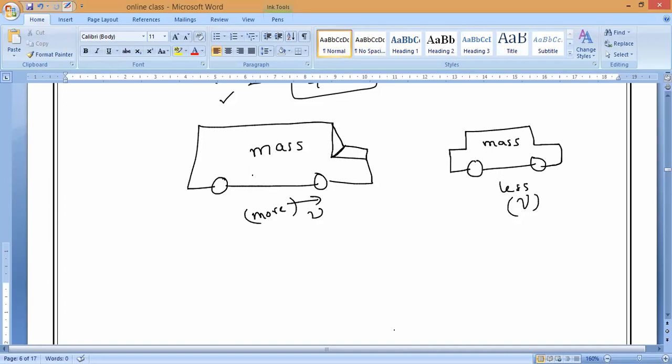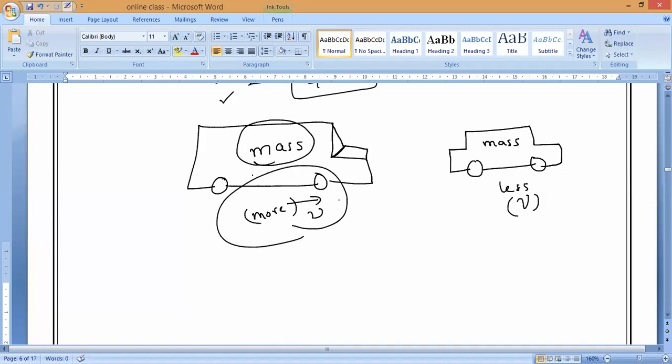So that is what I want to say. The kinetic energy of a body depends on its mass as well as its velocity. Heavy bodies moving with high velocity: see, mass is greater and velocity is also greater.